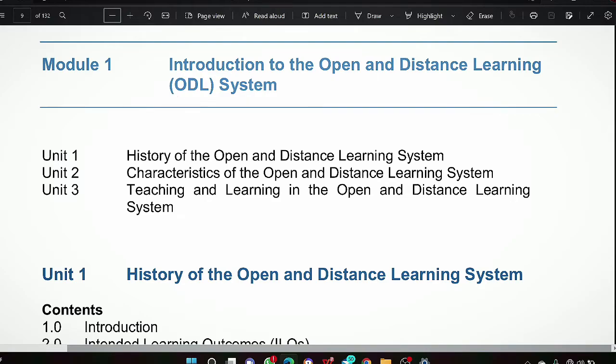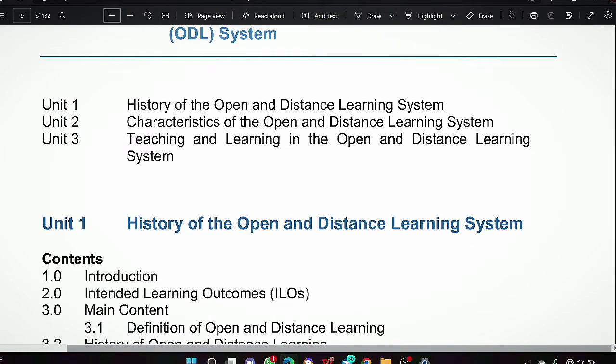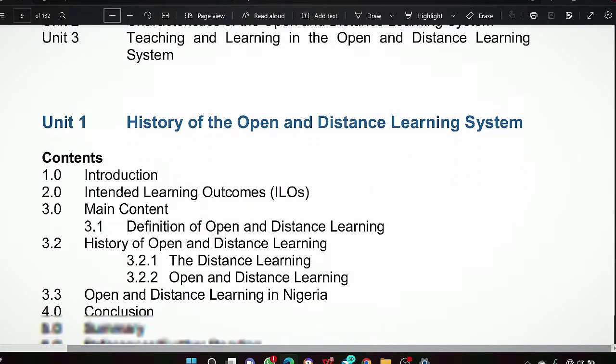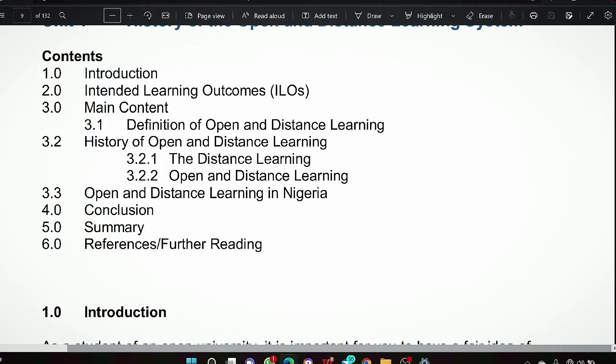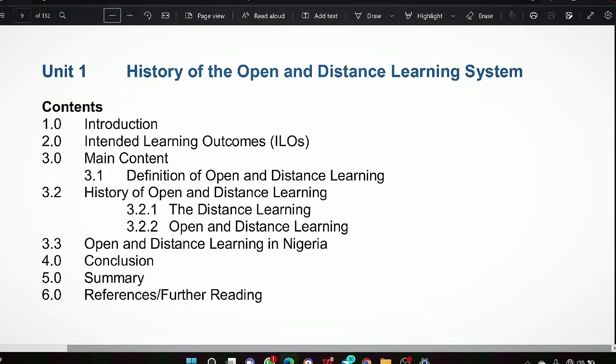So in our Module 1, which is Introduction to the Open Distant Learning ODL system, we have Unit 1 of Module 1, History of the Open Distance Learning System, then Characteristics of the Open and Distant Learning System, and Teaching and Learning in the Open Distant Learning System. So we have Unit 1, which is the history of the Open Distant Learning System.